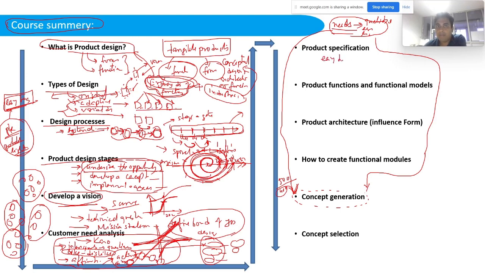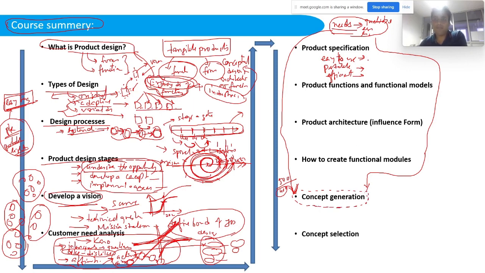For example, if we say easy to use, portable, or efficient, these are all qualitative things. If you try to ideate on that, we'll have very vague ideas, and it's very difficult to convert them into a concrete solution at the end.